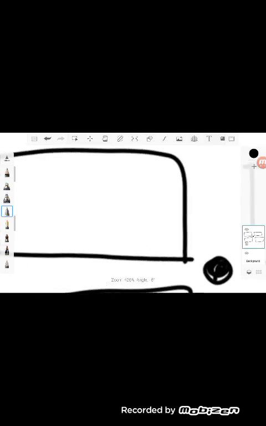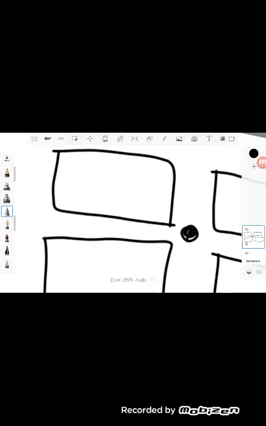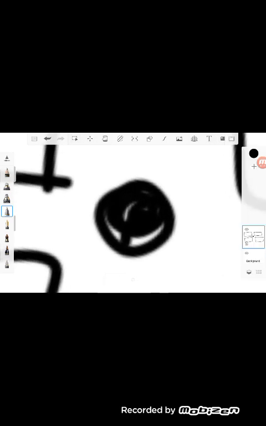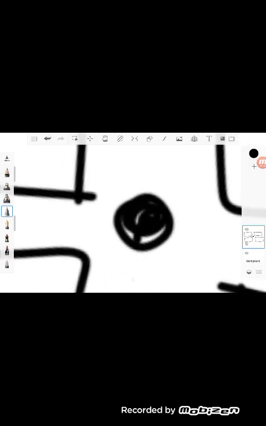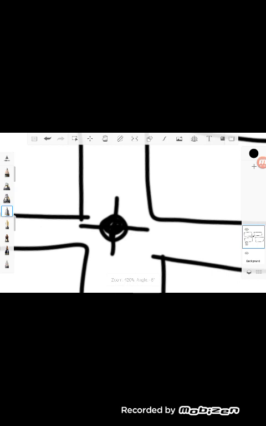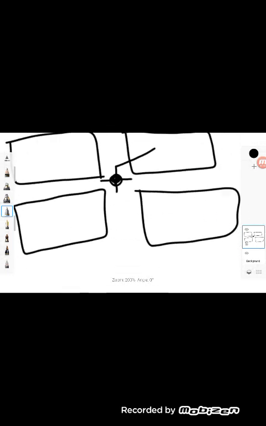So let's zoom in. Okay, we're going over here on the center of the circle. So what we're gonna do is to draw a line, and then we're gonna connect each of the rectangles.